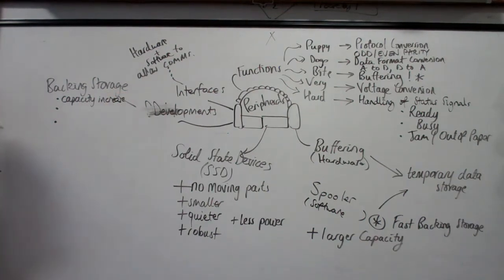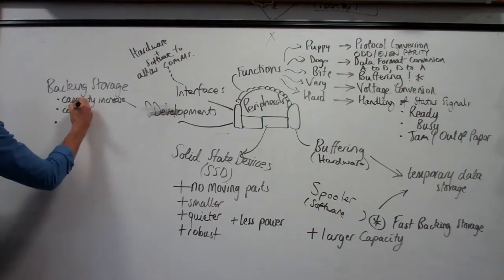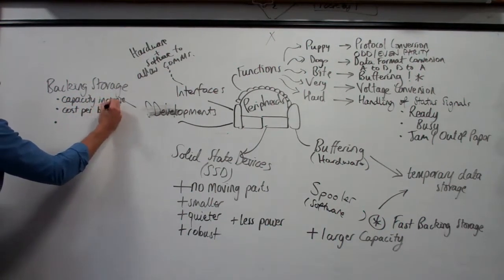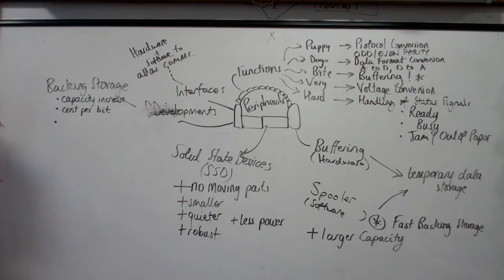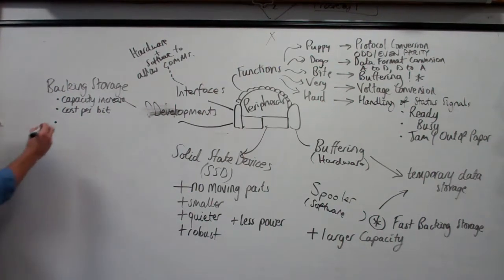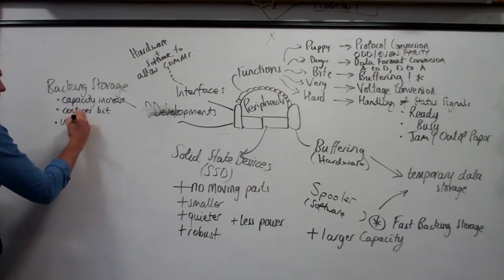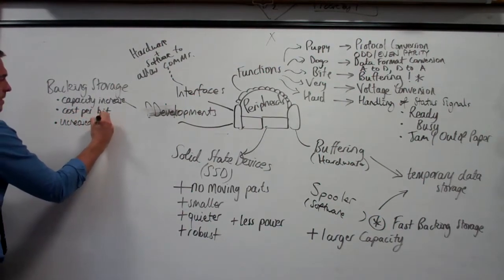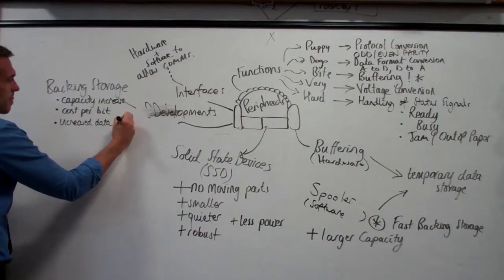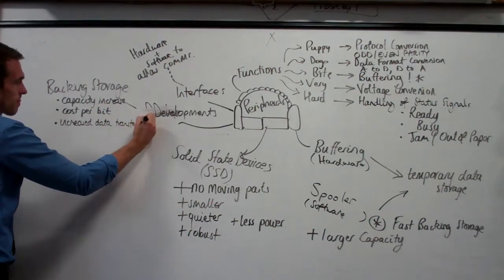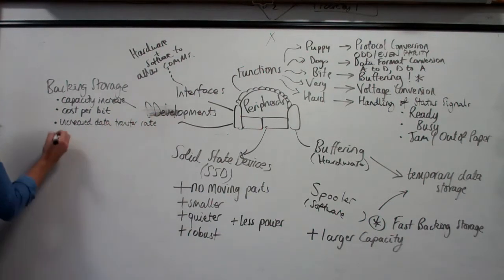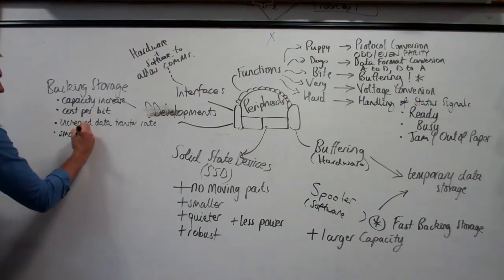What else? Yeah, so cost per bit goes down, or you're getting a larger capacity for the same price. Anything else? Yeah, increased data transfer speed or read-write speed. Increased data transfer rate. Physical size? Smaller, yeah, so smaller physically.